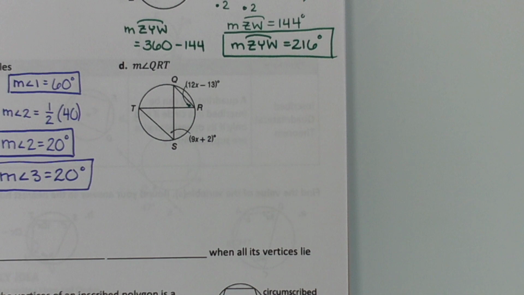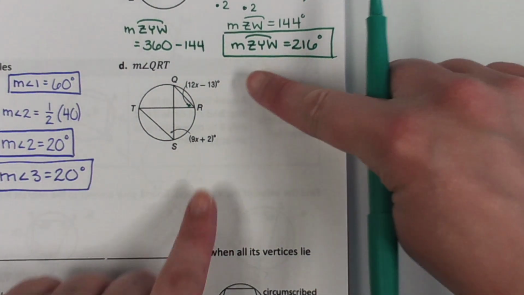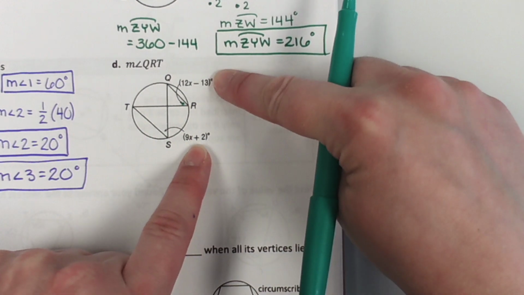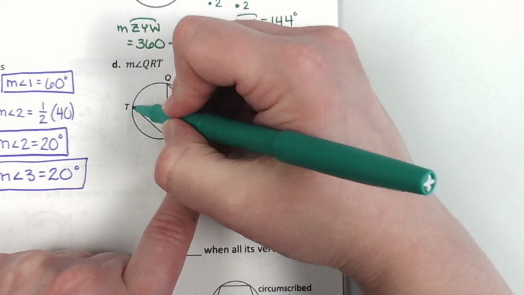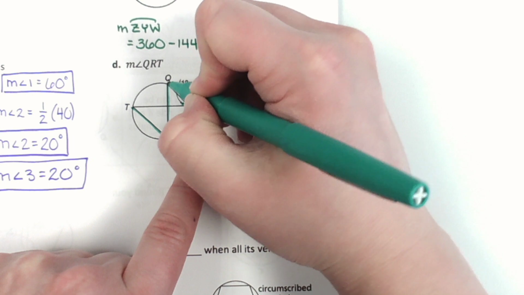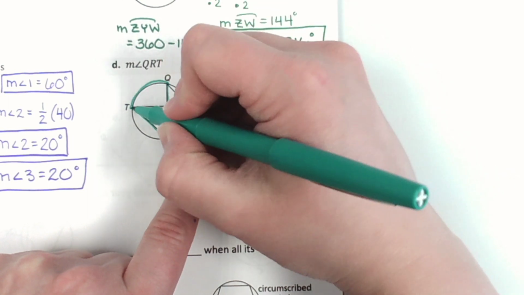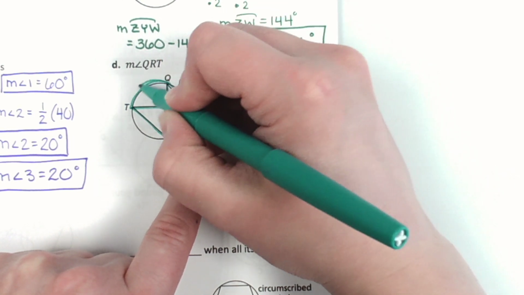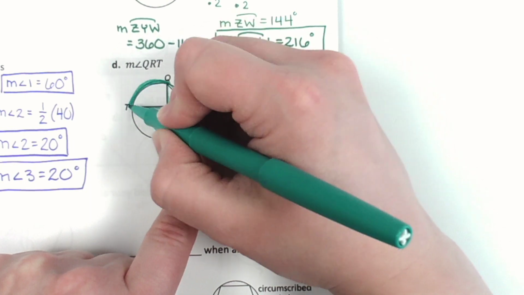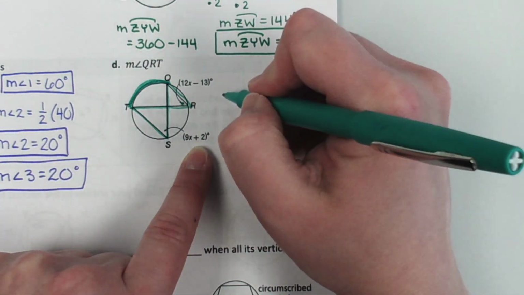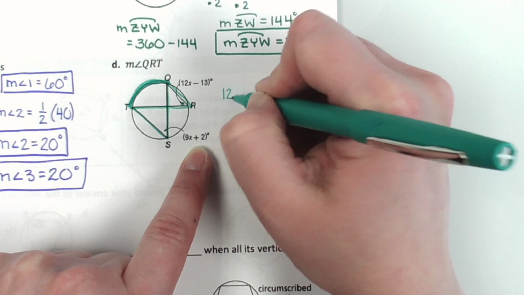Now I see a lot of inscribed angles there. Specifically, 2 of them have measurements. Both of those 2 that have measurements, there's its intercepted arc, there's its intercepted arc. If they share an intercepted arc, they are congruent, aka equal.